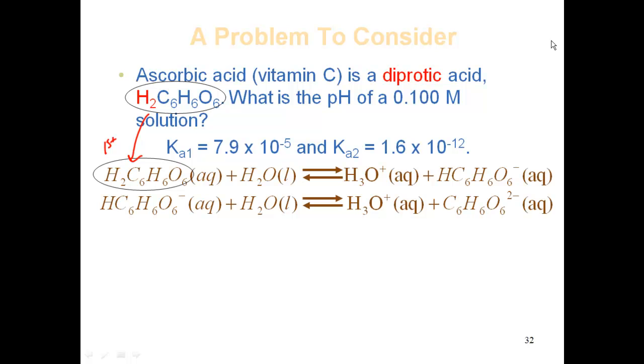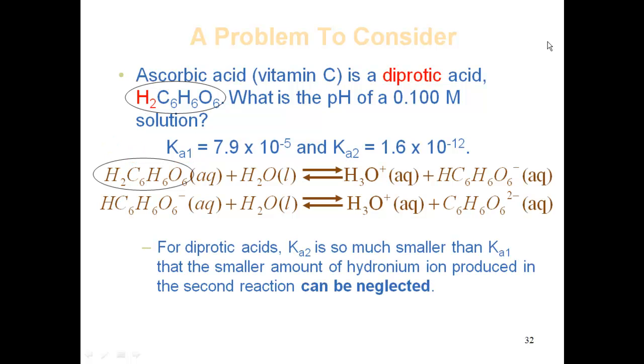Notice that both Kas were given to you. You have to pick the right Ka when you're doing the problem. Since I have the acid, I will be using strictly that first ionization. We're going to neglect the water contribution, as well as the contribution coming from that second equilibrium, since we have the pure acid.